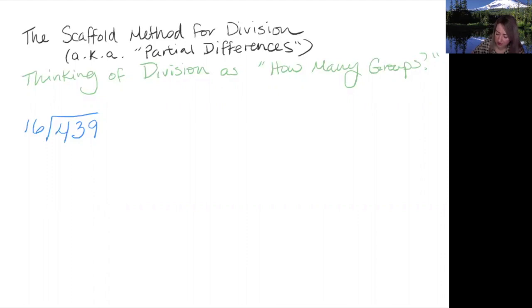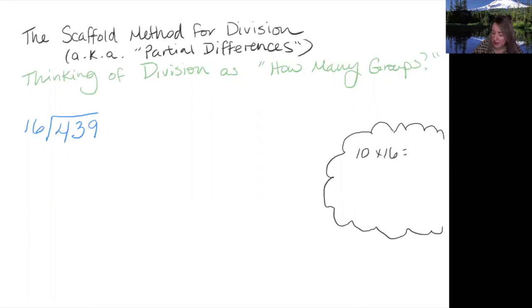So here's where the flexibility part comes in that I really like. One thing I always recommend is before you even start, you can make yourself a little thought bubble over here or anywhere you like, where you brainstorm what are some multiples of the divisor, so in this case 16, that are readily available to me. So I think, oh, I know that 10 times 16 is 160.